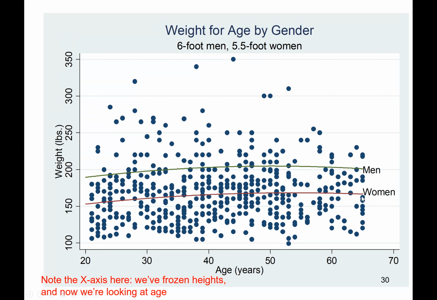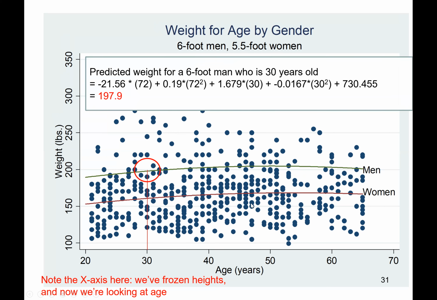And then over here, if we knew that she were 65 years old and holding constant that she's 5.5 feet tall, we would guess that her weight would be a little bit higher, maybe 167 pounds, something like that. So that's just one other thing that you can do with multivariate regression.